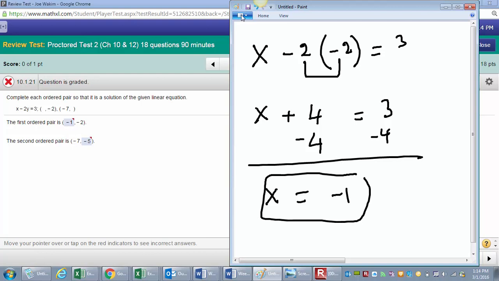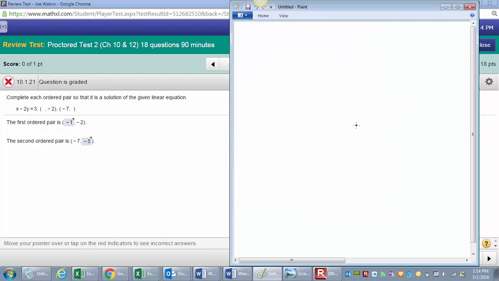Let's do the next one. We are given here x to be negative 7. So we have to solve for y. So negative 7 minus 2y equals 3. Then we can solve, add 7 to both sides.